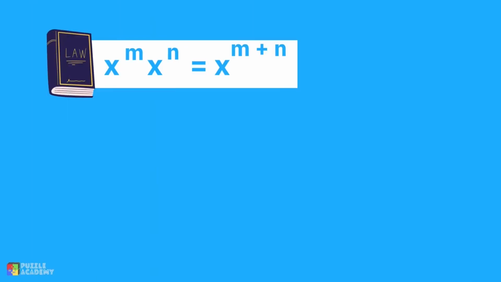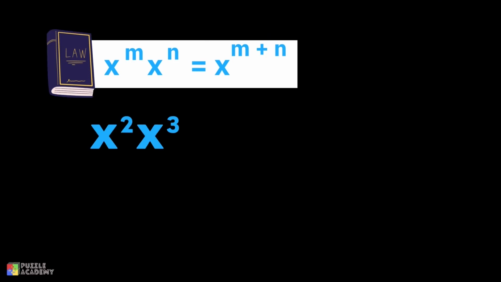Now, in the next law, with x raised to m times x raised to n, how many times do we end up multiplying x? The answer is first m times, then by another n times, for a total of m plus n times. For example, we have x to the second power times x to the third power.